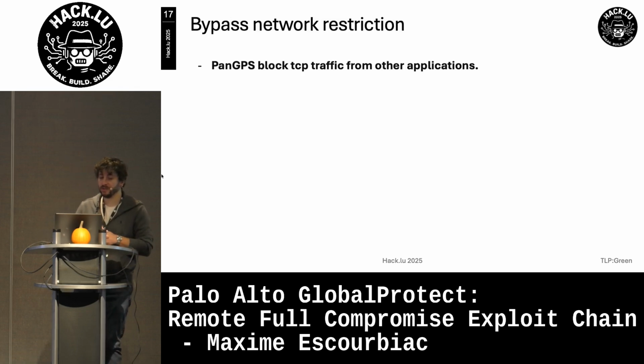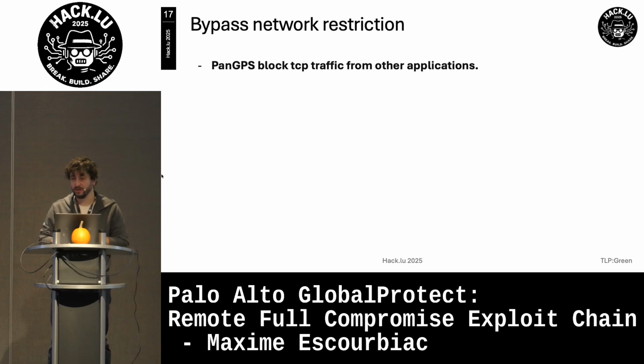Unfortunately, PanGPS blocks TCP traffic from other applications. The code to block is quite simple. It just looks at the origin of the socket, and it matches with C:\Program Files\Palo Alto Networks\GlobalProtect\PanGPA.exe. As we are simple users, we cannot interact with or modify the exe.